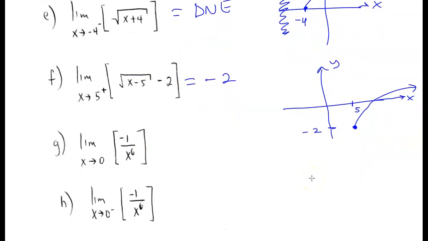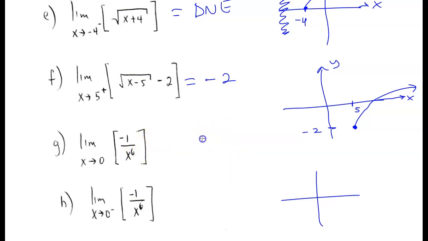All right, so for our last 2 examples here, we'll use the same graph. And this is the graph of -1 divided by x to the 6. And if you think about this, since this is an even exponent here, this is going to look a lot like 1 over x squared.